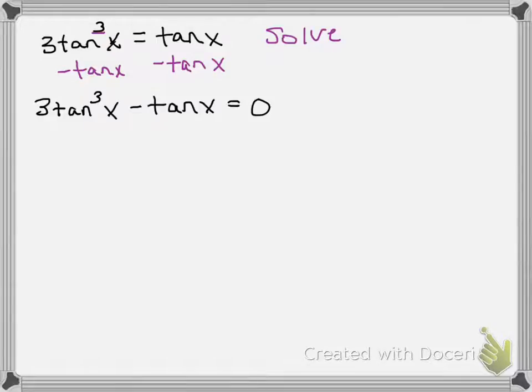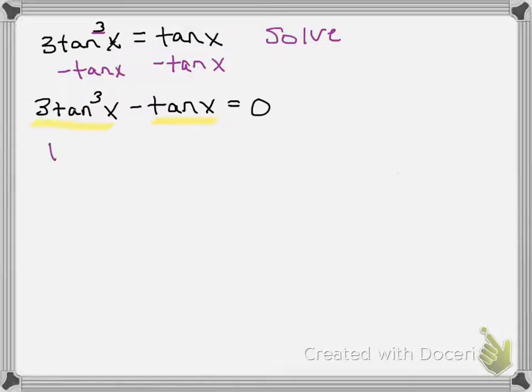equals 0. And that's nice because it's equal to 0, and we've talked about this a lot and how that helps. And then when I look, I really have two terms now. I have the 3 tangent cubed and my tangent x, and both of these terms have tangent in them. And so that means that I want to get rid of that somehow. I could actually undistribute it or factor it out.